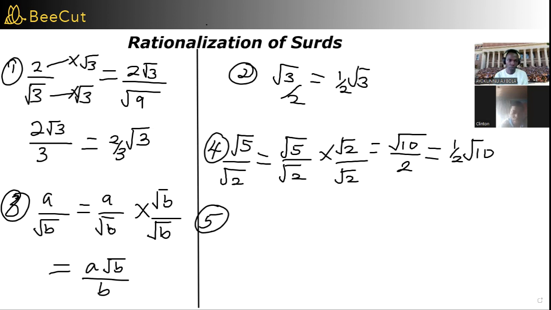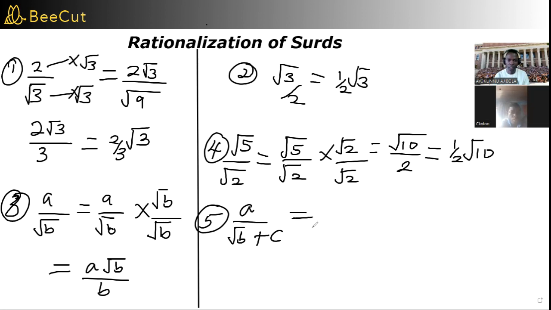This one says 1 over root 2 minus 1. But before I go into that, let me bring a prototype. Let's assume you have something like a over root b plus c.